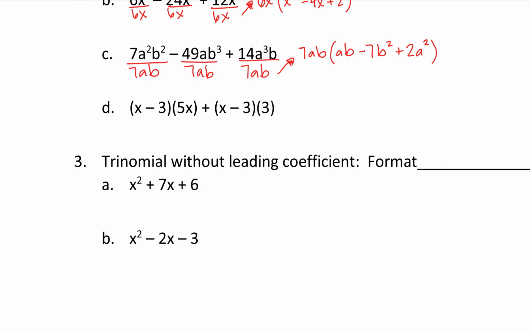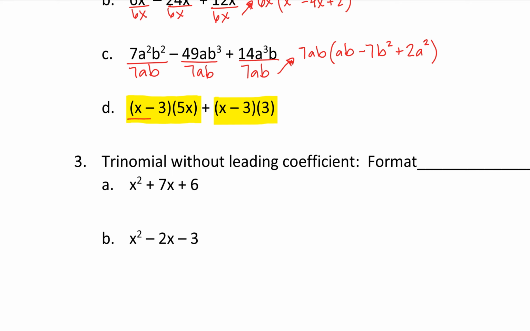Now, looking at D. This one is actually already broken down, and now I'm looking for what these two expressions have in common. I notice that they both are being multiplied by x minus 3.